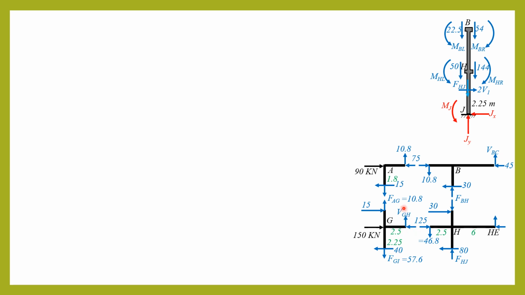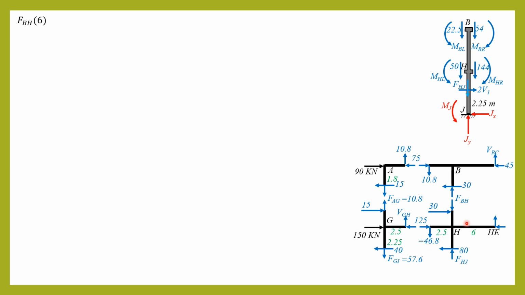So VGH plus 10.8 equals 57.6. So shear GH is equal to 57.6 minus 10.8, and that is equal to 46.8, which is now shown here.